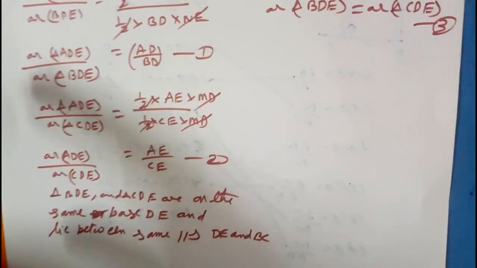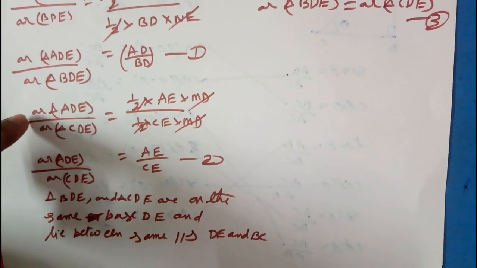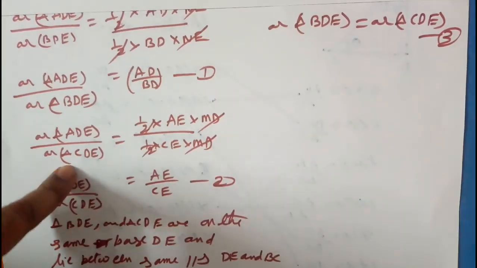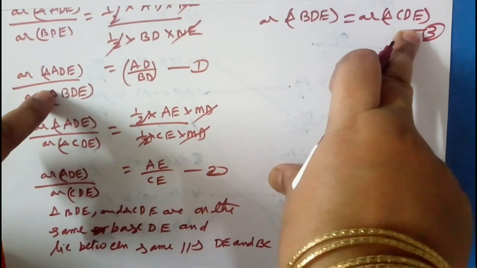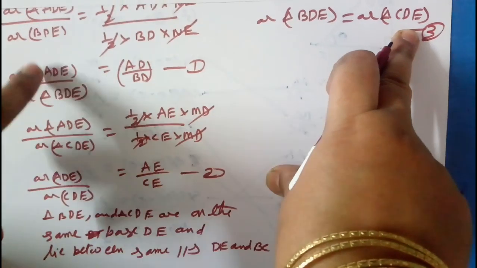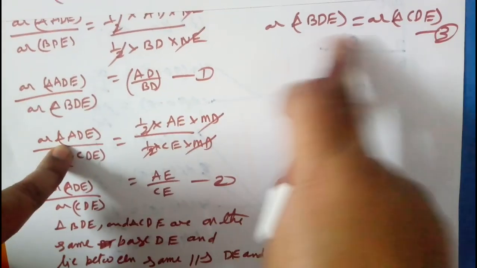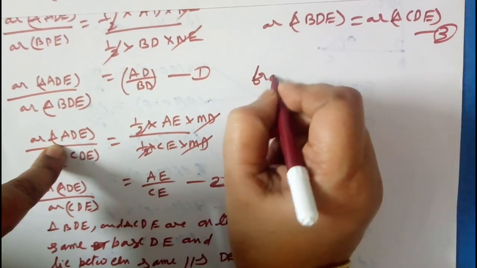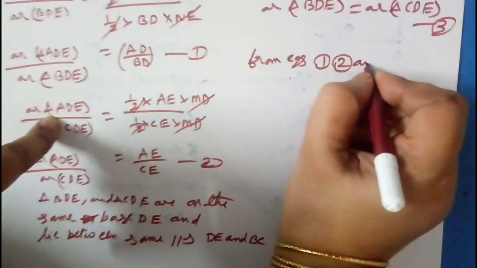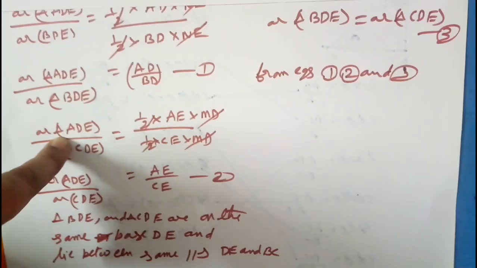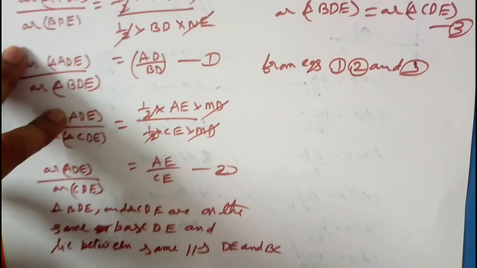So from equation 1, the numerators ADE by BDE. Here equation 2, area of ADE by CDE. But from equation 3, BDE, CDE both are equal. So here both the denominators are equal and already ADE, ADE numerators are equal. So from equations 1, 2 and 3, numerators ADE, ADE both are equal, same triangle areas.